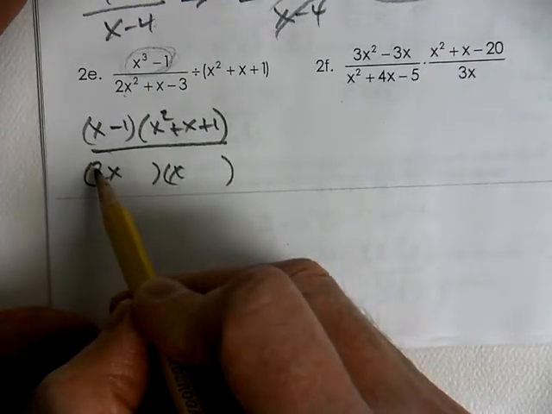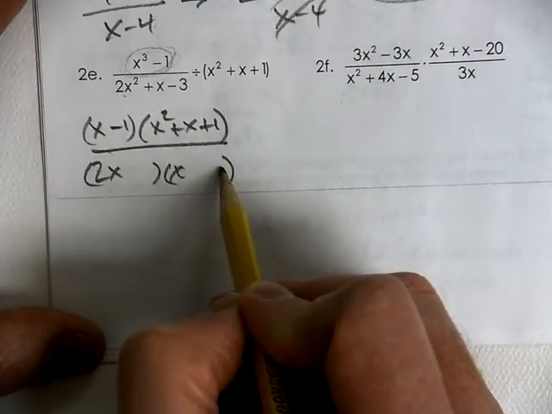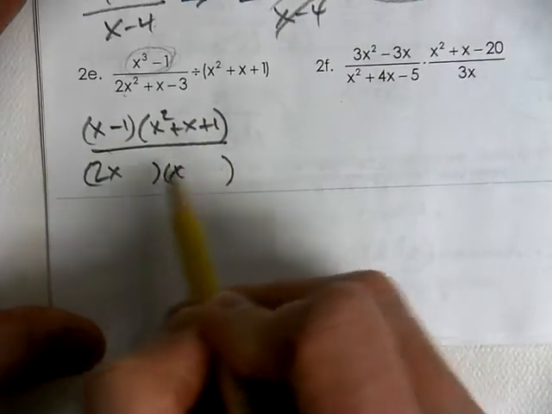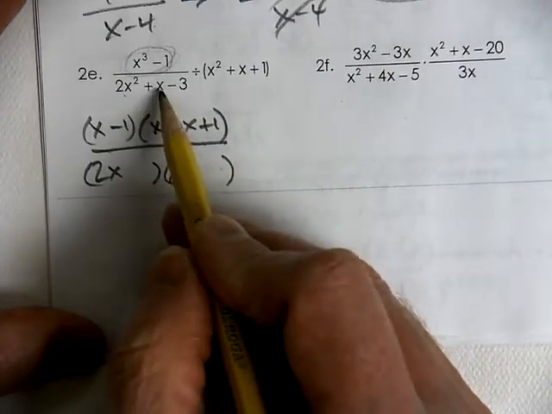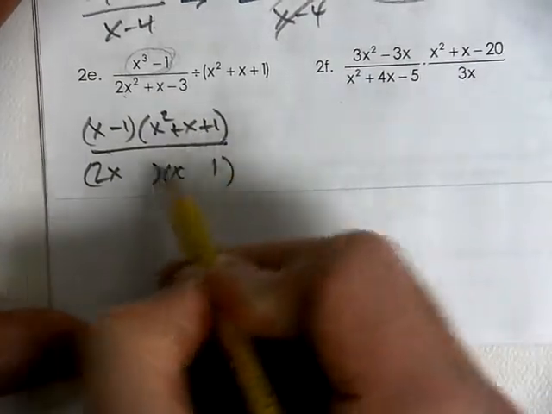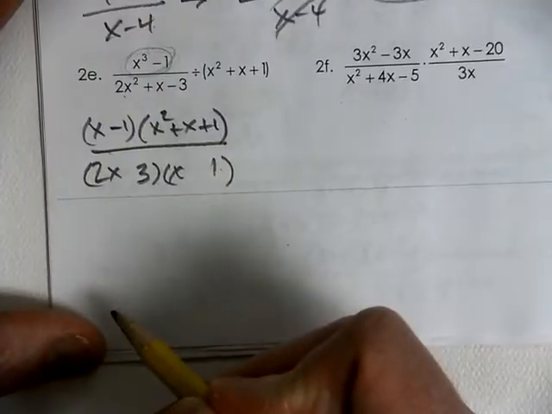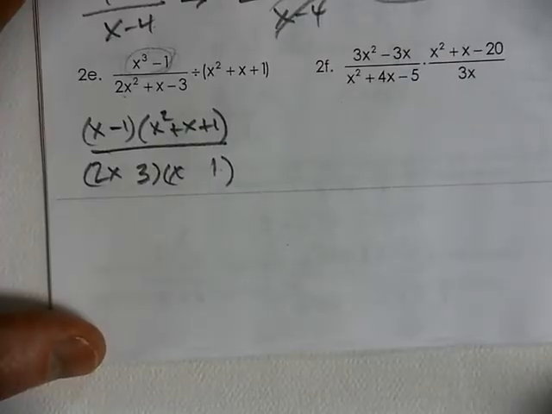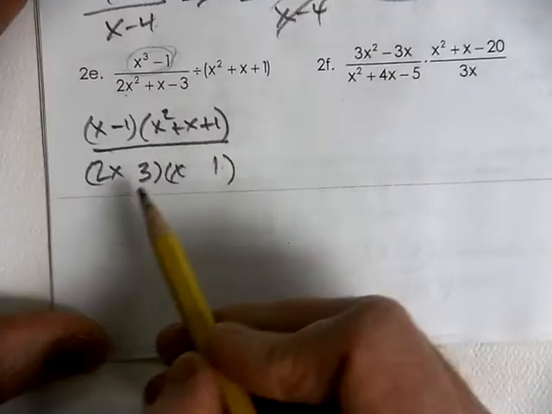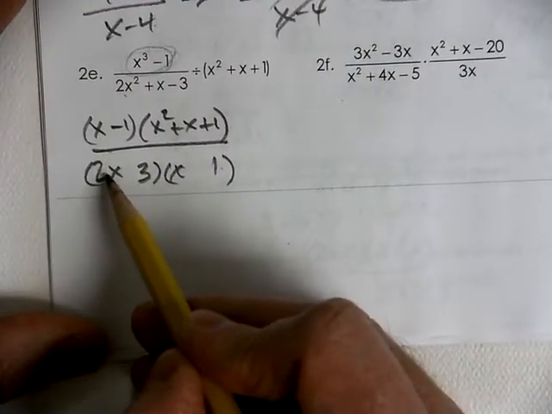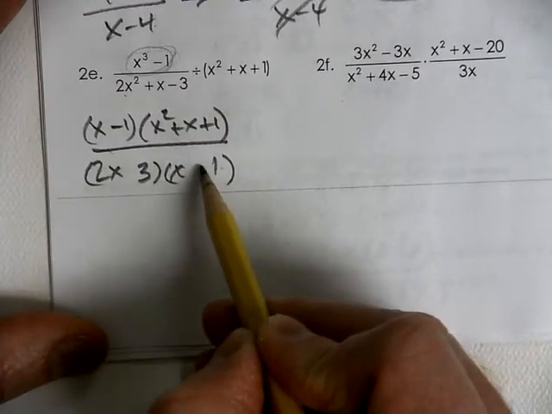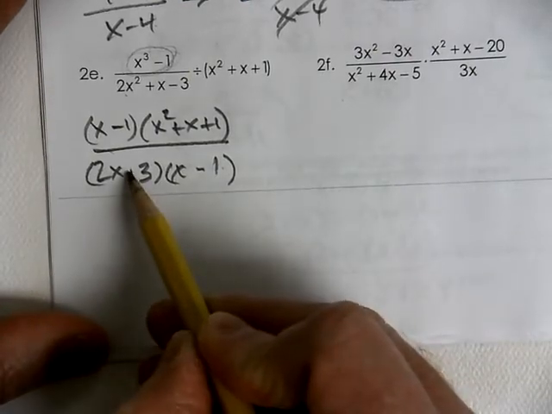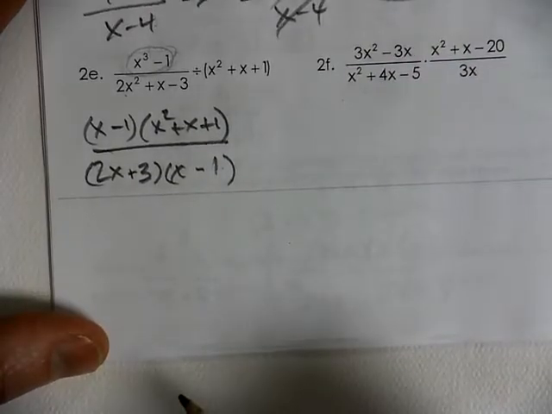So if I did 2 times 3, that would get me up to 6, and I only have a 1 to get me down, so that won't work. It has to be 1 and 3. And that's going to be a negative 1 and a positive 3.